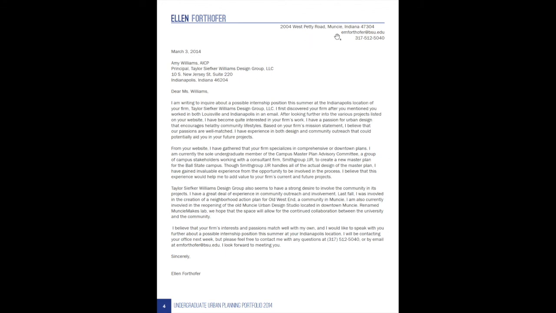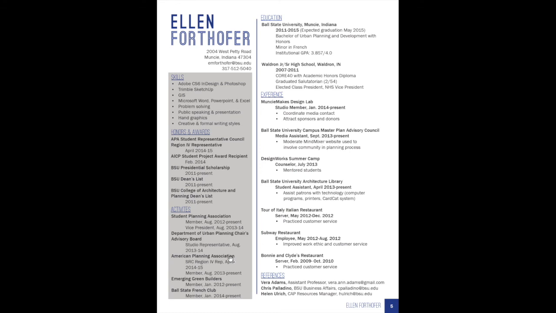You can see here contact information and then the form of the cover letter addressed to a specific person and addressing specific career objectives. Resume, two-column format with skills and activities, but having contact information and then education and experience.